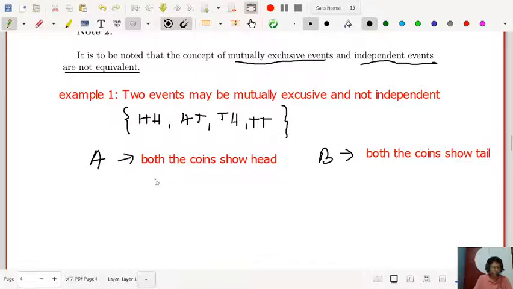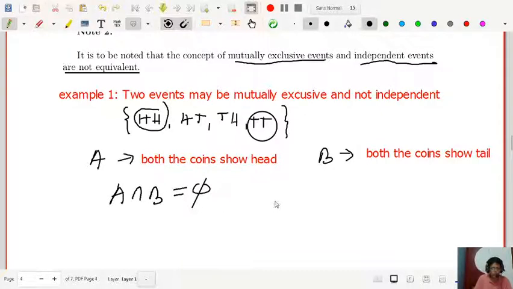So these are the two events. If both the coins show head, this is HH, and if both show tail, this is TT. So A intersection B is phi. They are mutually exclusive. Now what is probability of A? 1/4.